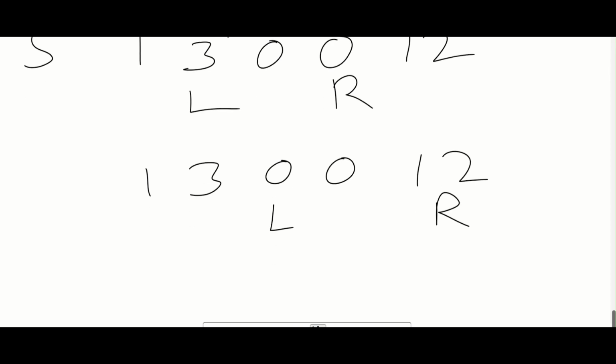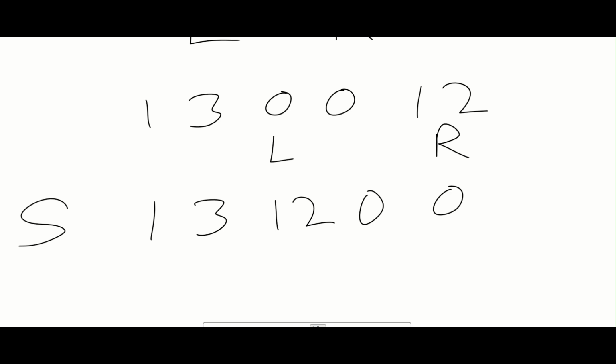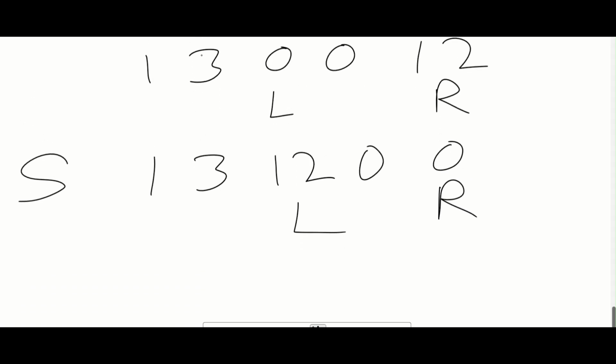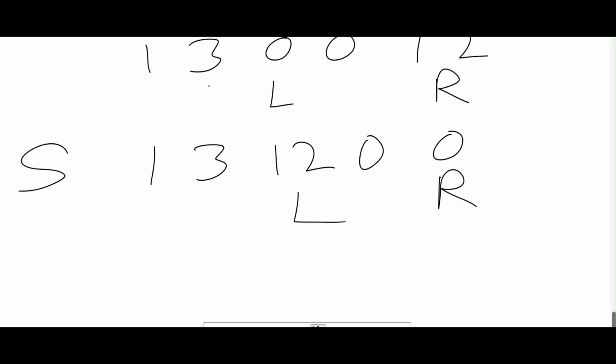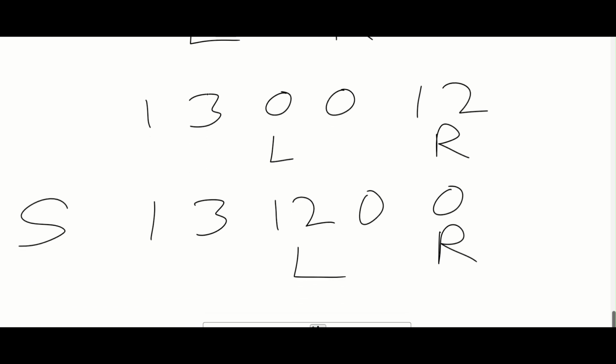Again we have a non-zero, so we do a swap: 1, 3, 12, 0, 0. And of course, right is at the last index, so we run out of the array. That means we have sorted everything, and the zeros are at the end of the array.